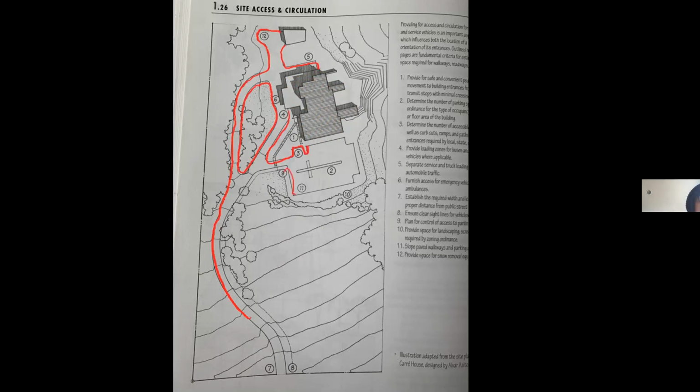And what I'm highlighting right now might be the parking or a hard surface outside space, which is different from the ground part. The line represents a different surface from here.